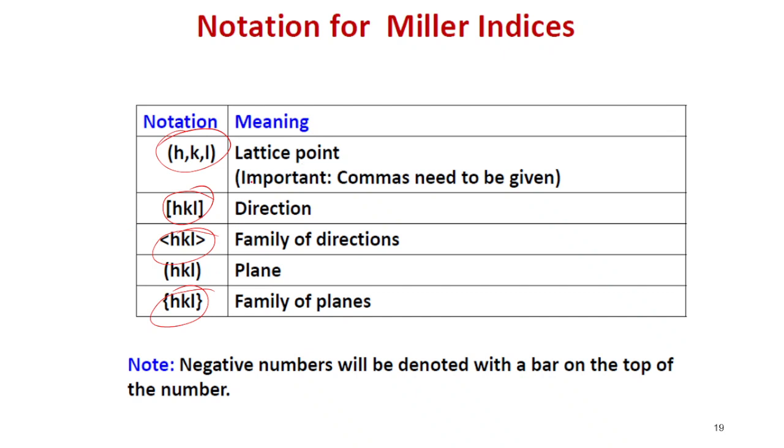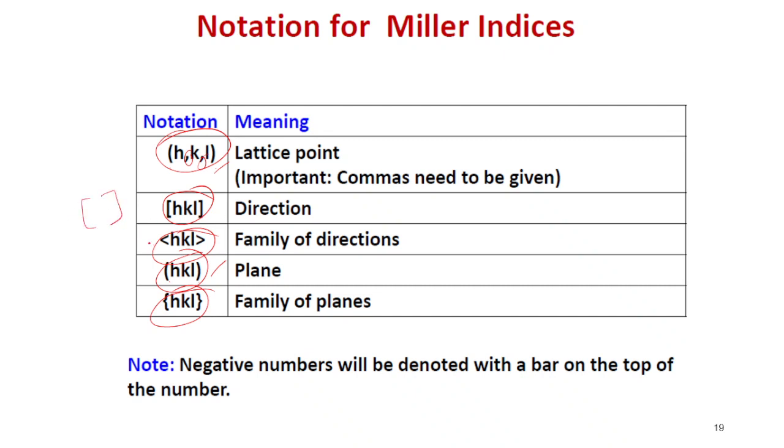Here also you have to see the difference. For lattice point and plane, it looks very similar, right? But in a lattice point, the points will be separated by commas, whereas if it is a plane, it will just be given without commas, but you will have opening and closing parentheses for both. If it is a crystallographic direction, you will have a square bracket like this.